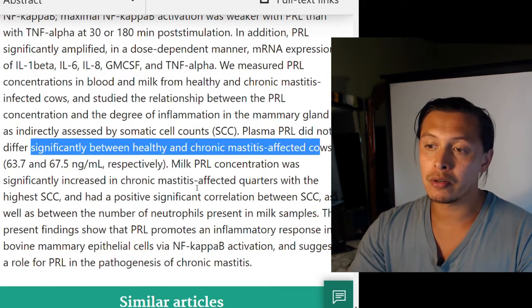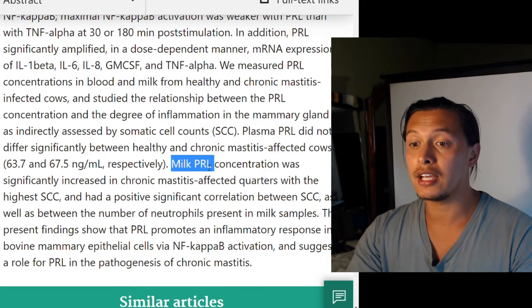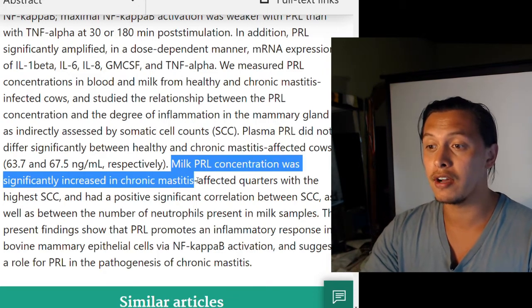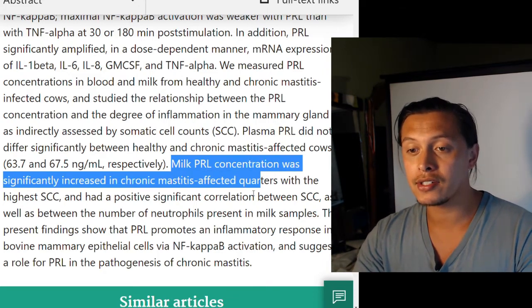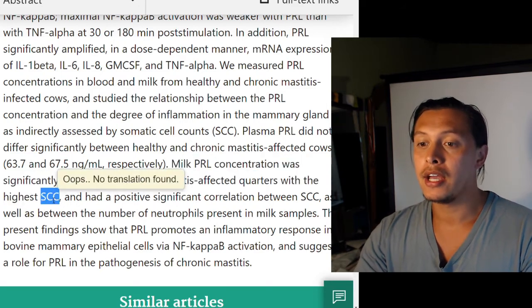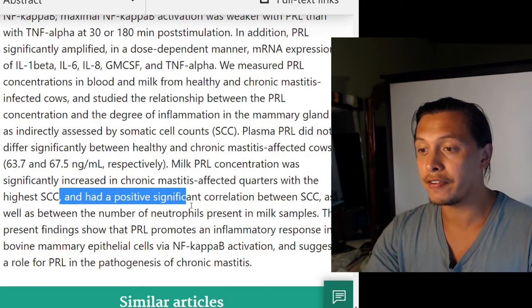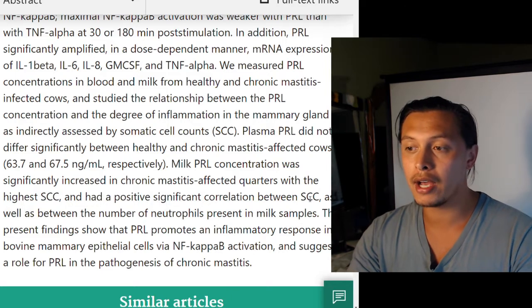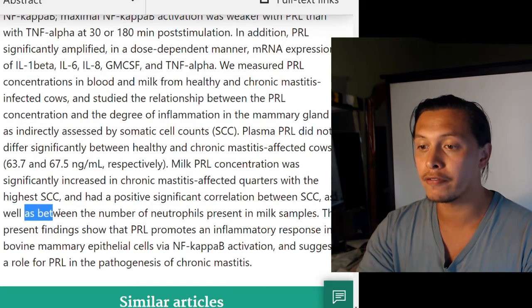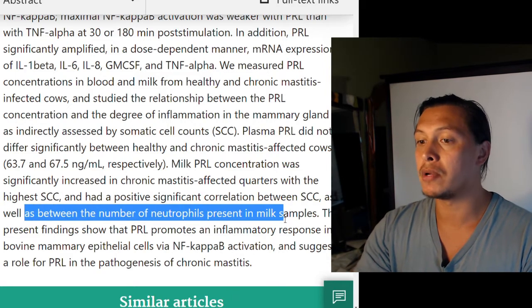Interesting. Milk prolactin concentration was significantly increased in chronic mastitis-affected cows with the highest somatic cell count and had a positive significant correlation between SCC as well as between the number of neutrophils present in milk samples.